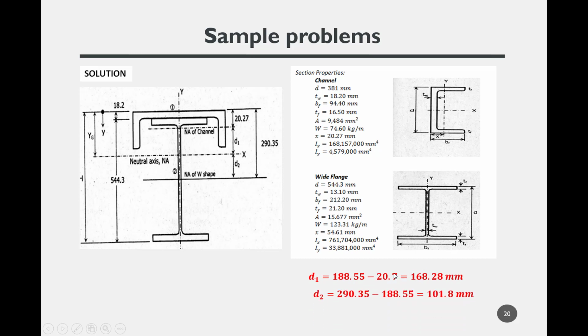Na-miss. Okay. So, we have 101.8 for the D2. So, makita natin dito, 20.7. Check natin to. Makukuha natin sa Y of G, so we have 188.55. Diba? Yun ang value ng Y of G. Ito yun, yung Y of G.